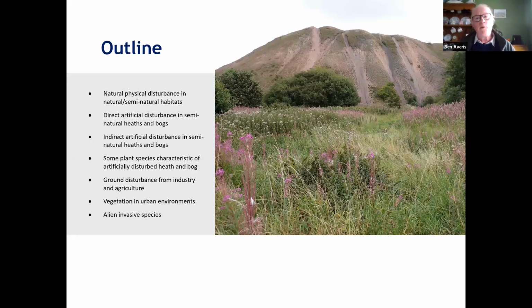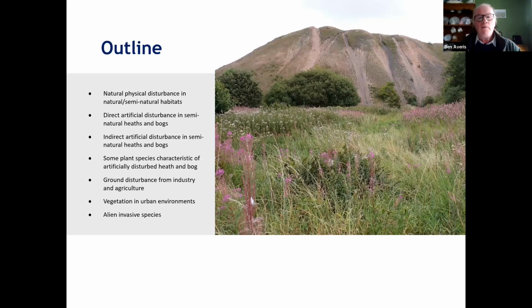Obviously when we think of disturbed and urban places, what must be coming to mind for all you folks is probably the urban, industrial, artificial kind of habitats. But I thought I'd put a little bit in about disturbance in more semi-natural habitats as well, because there are links between the two, ecologically and floristically.